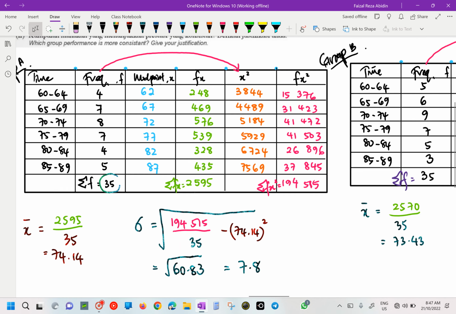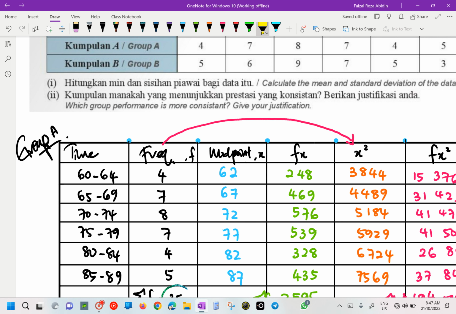Then here the class question says what? Give your justification. It means that for the first one, which group's performance is more consistent, we take group B. This is going to be our answer, group B. You get 1 mark. And then give your justification. We are going to refer to our standard deviation.